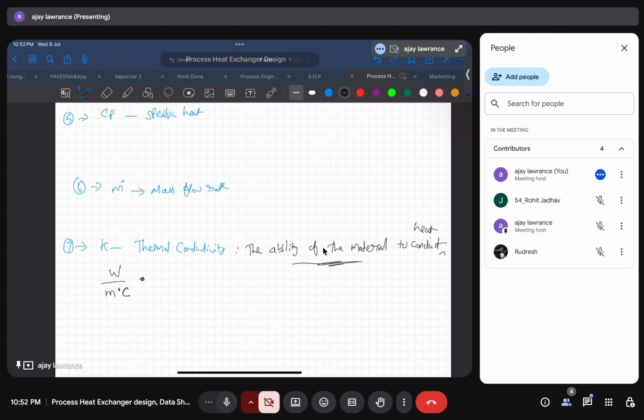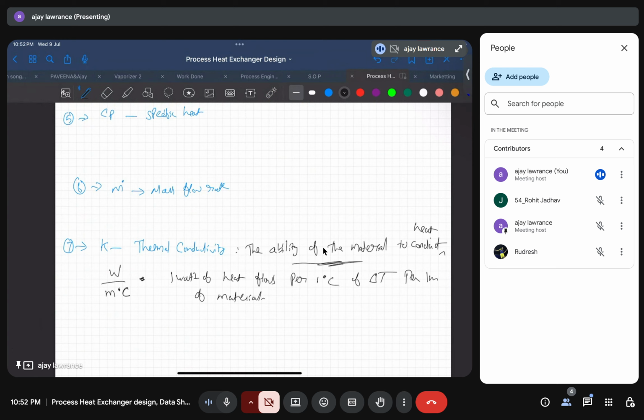So it is 1 watt of heat flows per 1 degree Celsius of temperature gradient or delta T, per 1 meter of material.